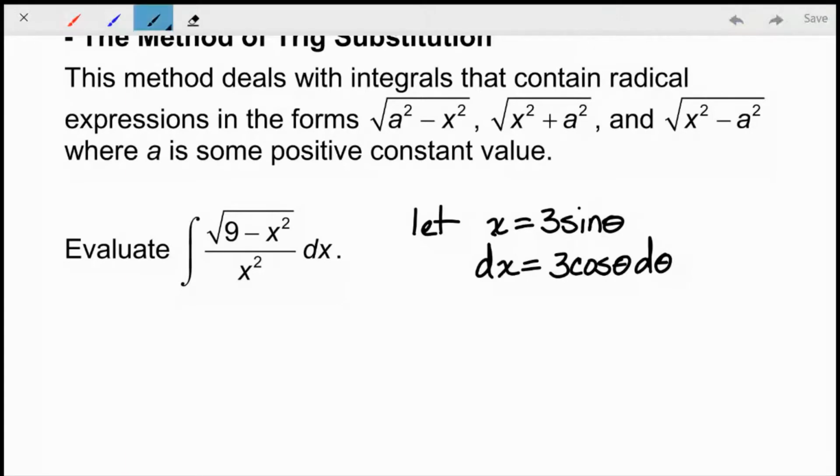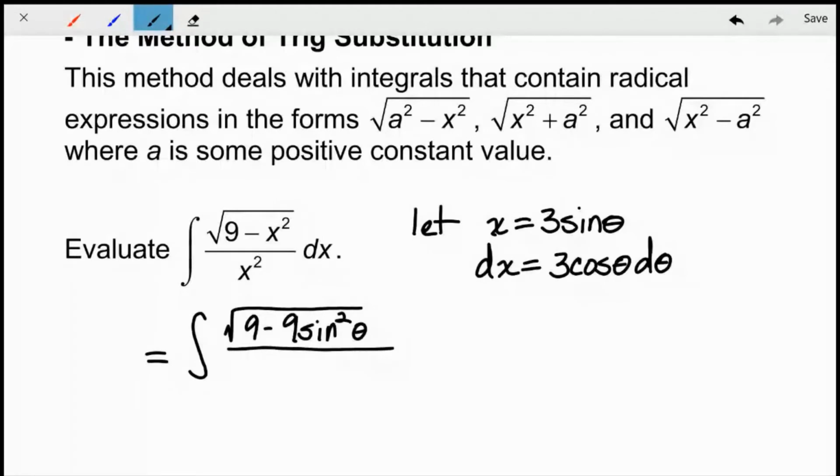Okay, so when we do that substitution, what happens to this integral is this. We're going to rewrite this as the square root of 9 minus x squared becomes 9 minus 9 sine squared theta. And that is because x is now 3 sine theta. And then the denominator, x squared, is also going to be 9 sine squared theta.